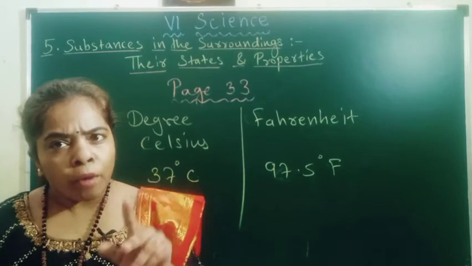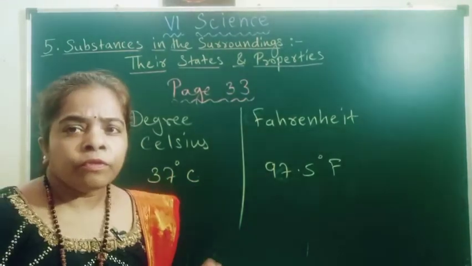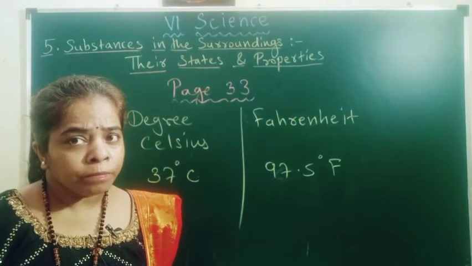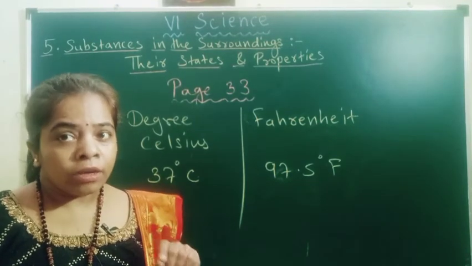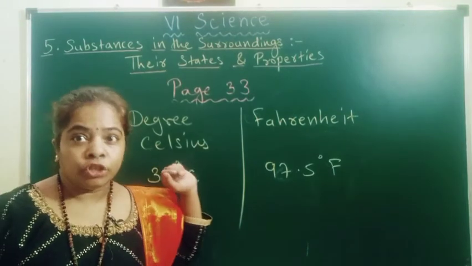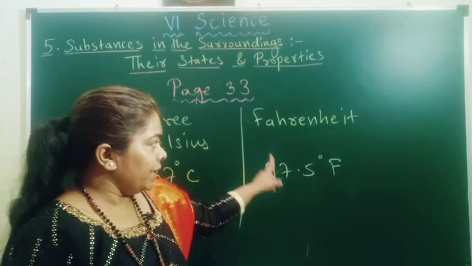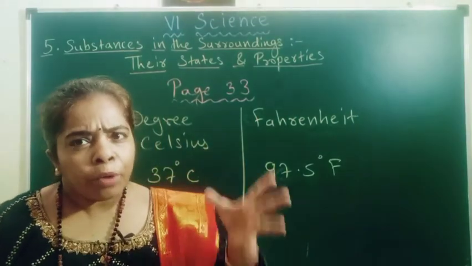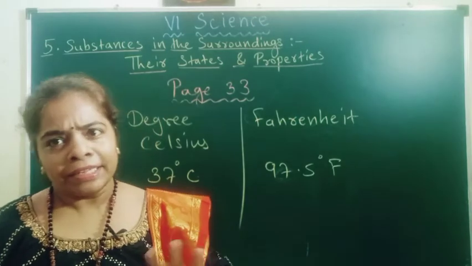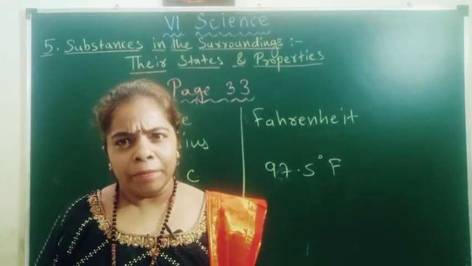So our normal body temperature is 37 degrees Celsius. If we calculate our body temperature in degrees Celsius, our normal body temperature is 37 degrees Celsius. And if we calculate our body temperature in Fahrenheit, it is 97.5, approximately 96 to 97. Here also 36 to 37, depends on body temperature.